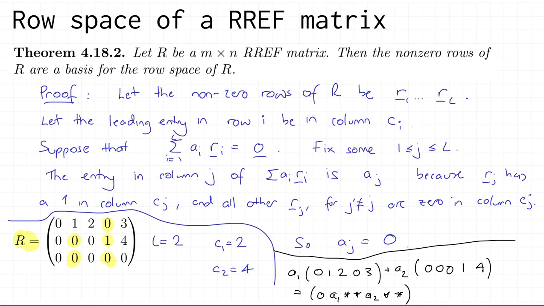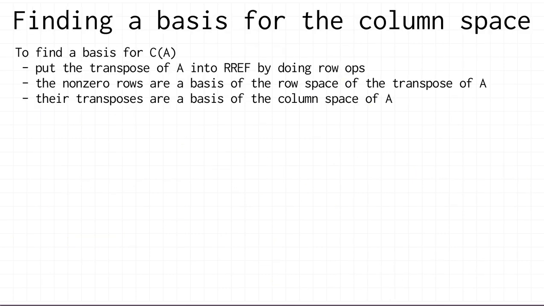Right, so if this was equal to the 0 vector, then just looking at position 2, the column C1, so that's column 2, you can see that a1 has to be 0. And if you look at column 4, so the column C2, which was 4, then that's just going to be a2, so a2 has to be equal to 0 as well.